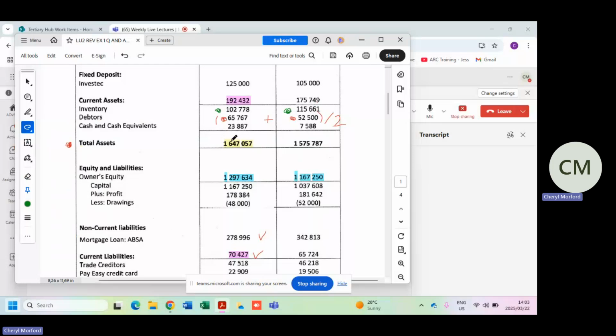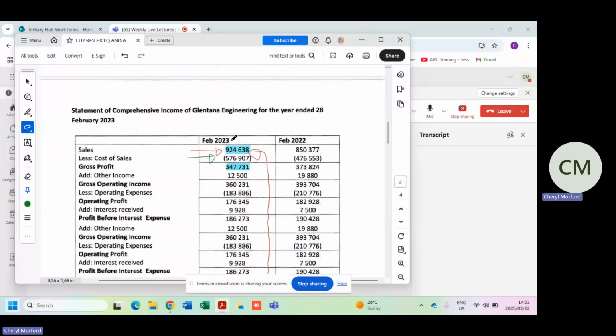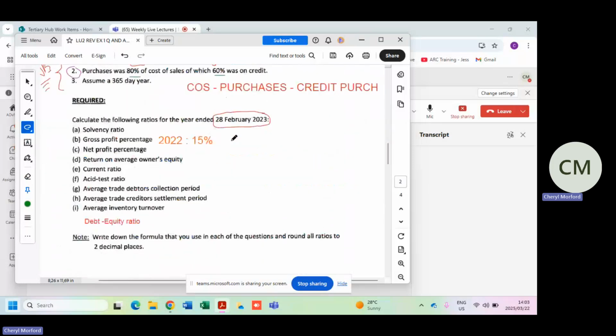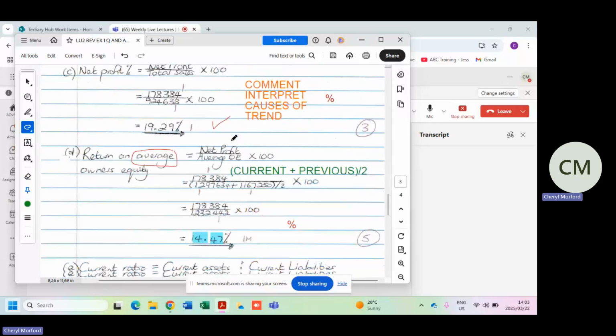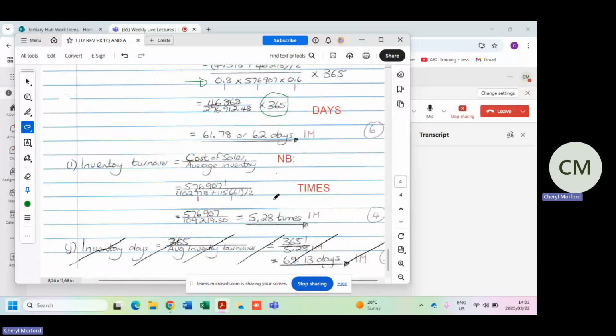We're going to add them, divide by 2. We're going to put cost of sales at the top, do your workings, and down the bottom here, we're going to wrap up with 5.28 what? Times. Right. I'm going to ignore the inventory days.